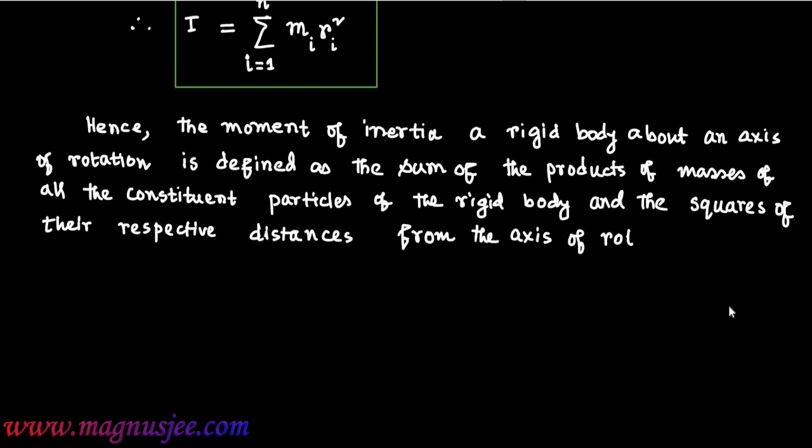That means moment of inertia of a rigid body about an axis of rotation is defined as the sum of products of masses of the constituent particles of the rigid body and the squares of their respective perpendicular distances from the axis of rotation.